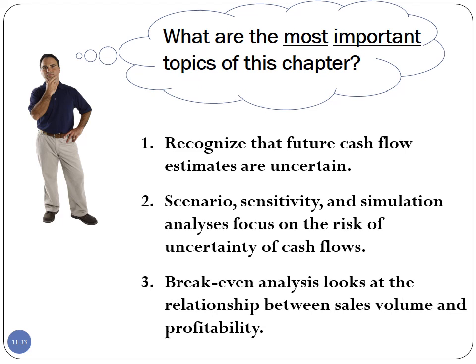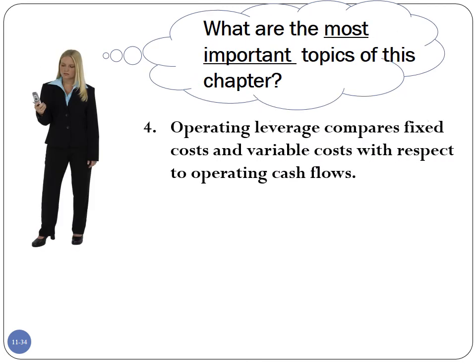Break-even analysis looks at the relationship between sales volume and profitability, and what is the required level of production, the required level of activity, to break even where we start becoming profitable. Operating leverage compares fixed costs and variable costs with respect to operating cash flows and looks at the changes that can be expected in operating cash flows as a result of changes in output.